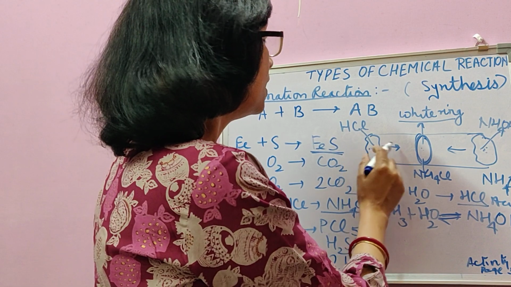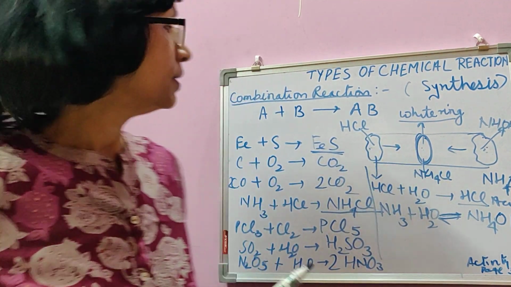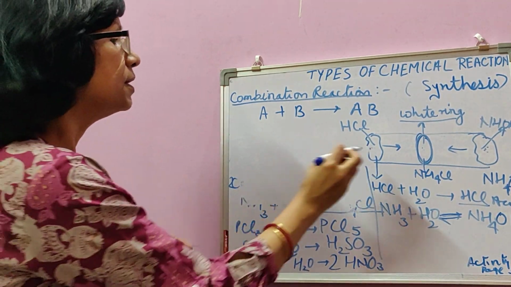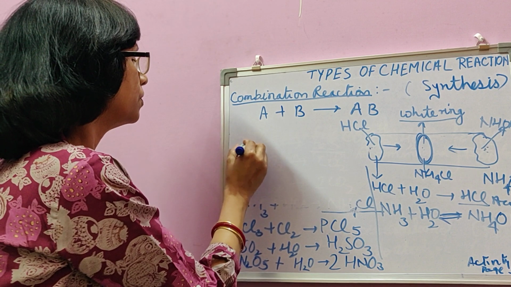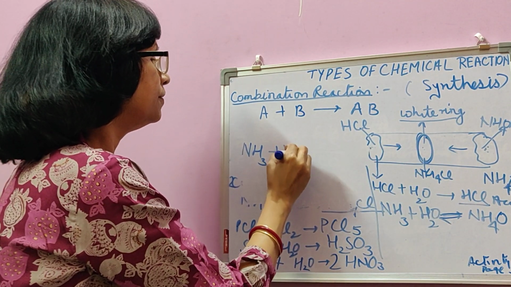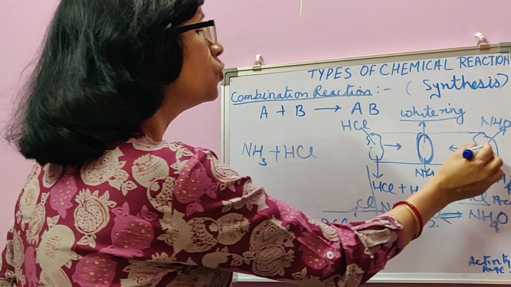But when gaseous ammonia and hydrogen chloride combine, this reaction takes place. Ammonia from the cotton soaked in ammonium hydroxide and HCl from the cotton soaked in hydrochloric acid move toward the center.